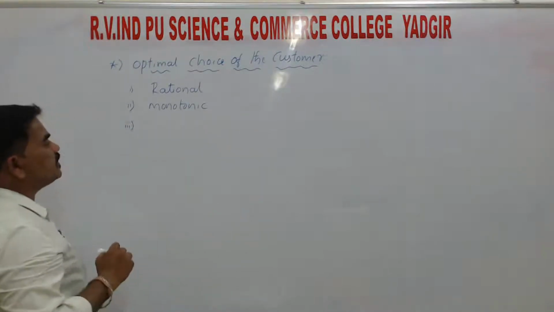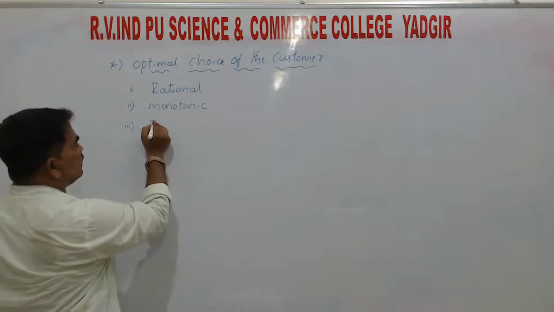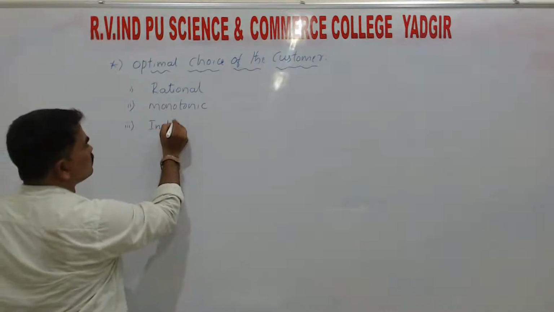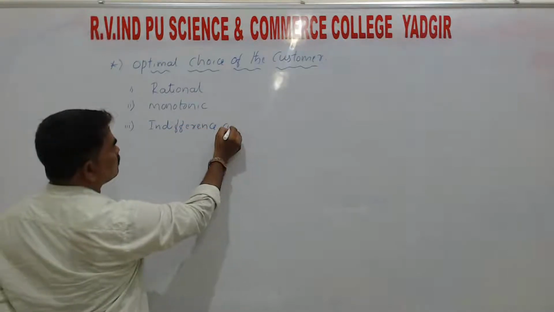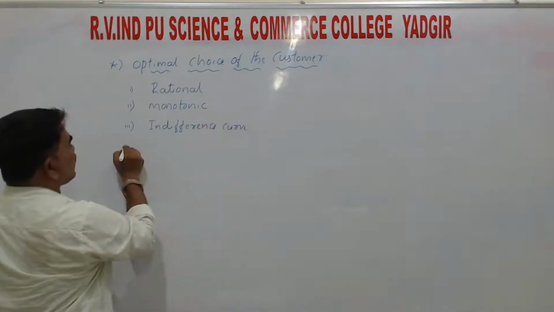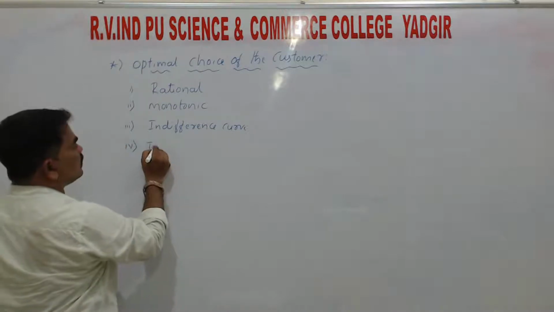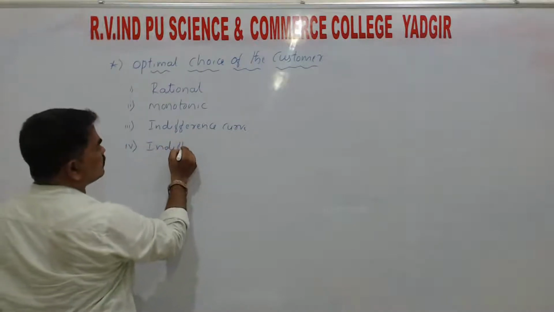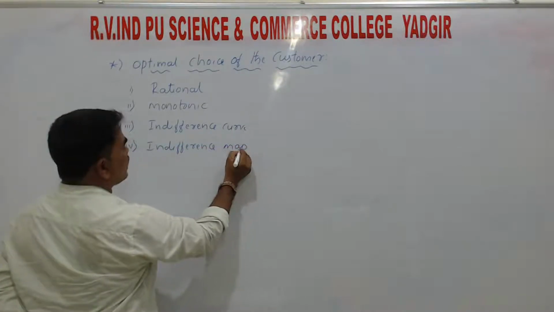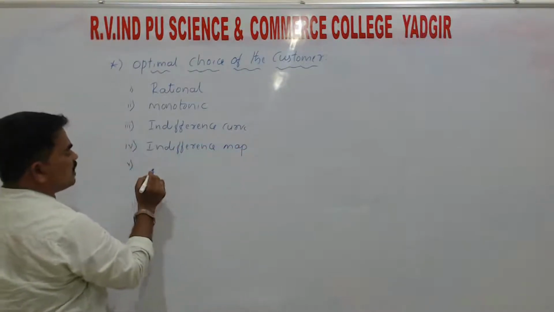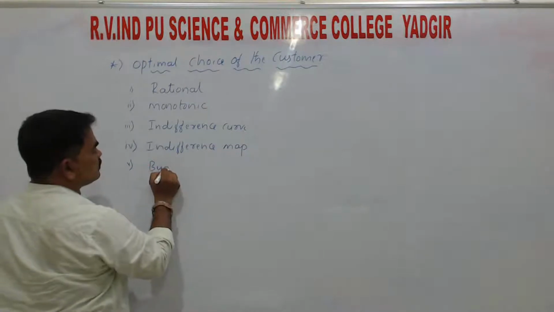And the third one we need to understand here is the indifference curve. And the fourth one, the indifference map. And the fifth one, we need to understand the budget line.